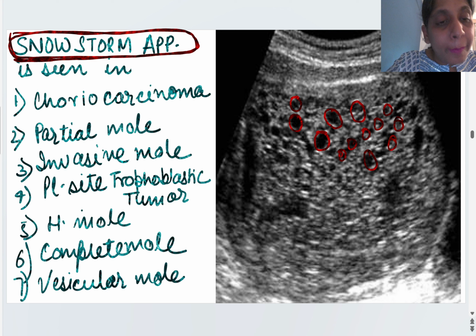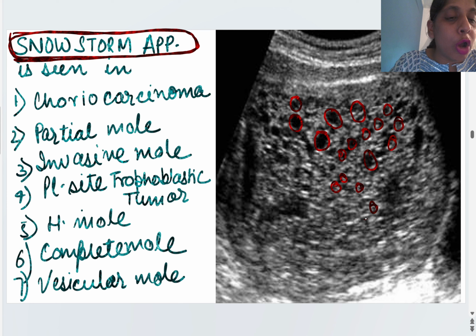So this white part is villi, and this black part is the fluid which they have engulfed. So in this way small villi are seen, white and black, which we call snowstorm appearance.